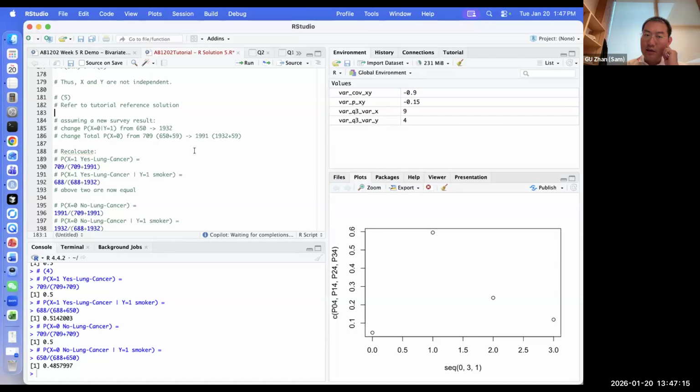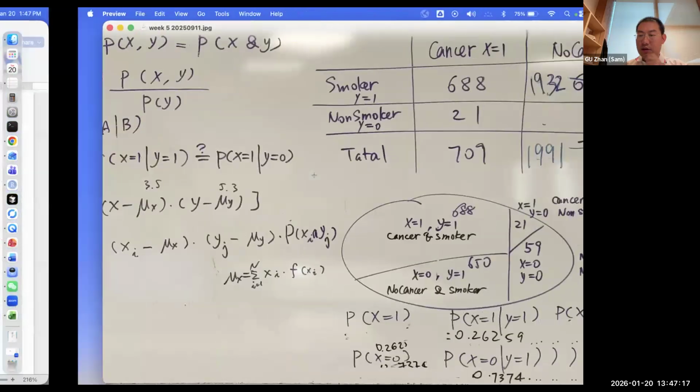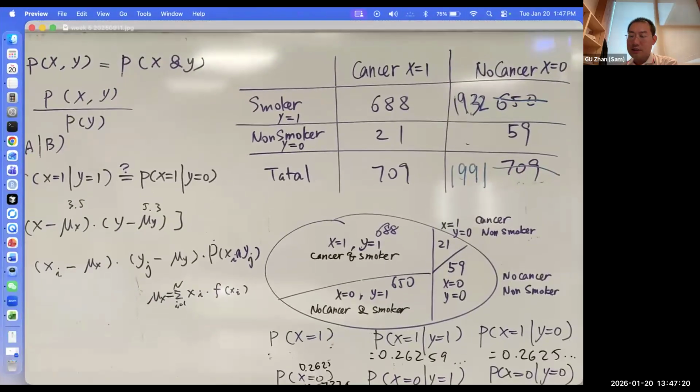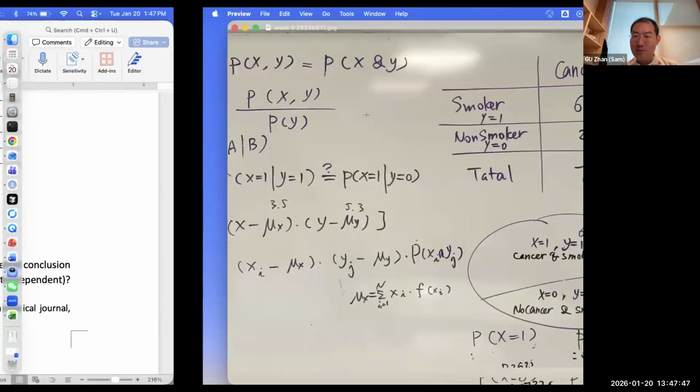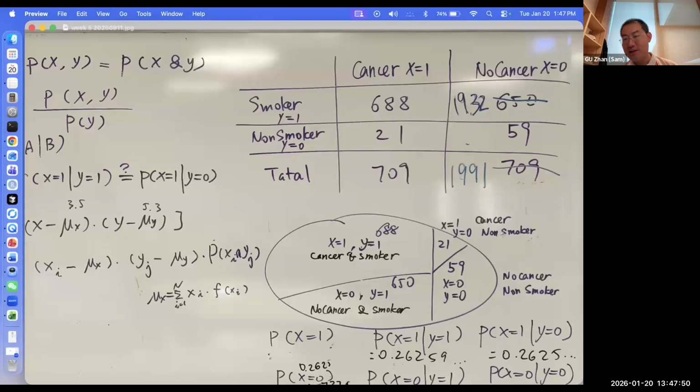Then the total no cancer changes from 709 to 1991, so 1991 is 1932 plus 159. This is the additional setting for you, so you can do a calculation to find out whether smoking and getting lung cancer is independent or not independent.